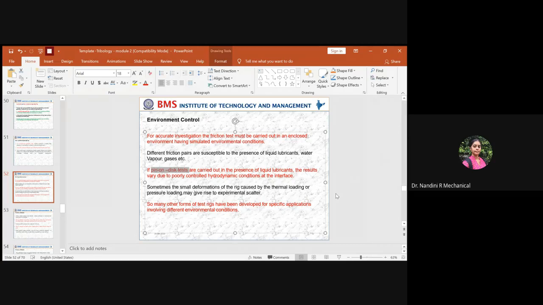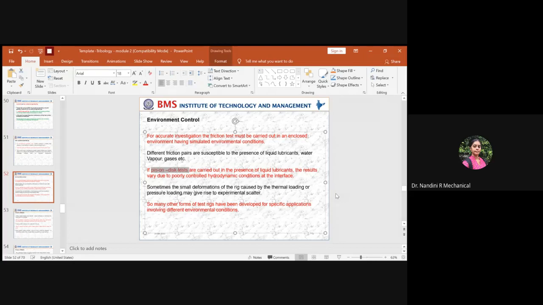Due to this movement and variation in the amount of energy associated with the fluid flow, the values of the coefficient of friction will not be consistent and will keep varying. This type of variation comes across in the pin-on disc test when it is subjected to the external environment.